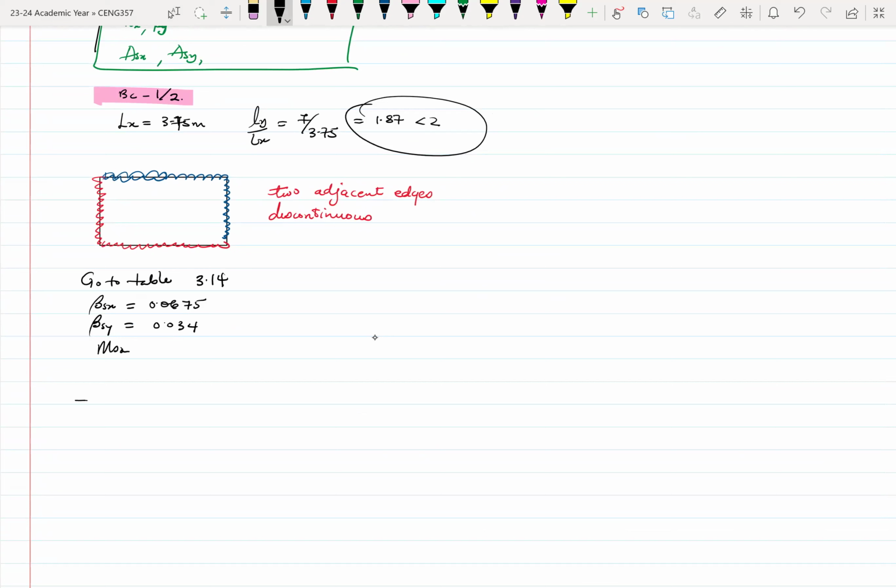So our MSX would be 0.0675, which is our beta SX, times our n, which is 14.2, times our LX, 3.75 squared, and that should give us 13.5 kilonewton meters. Now MSY will be 0.034 times 14.2 times 3.75 squared, and this will give us 6.8 kilonewton meters.